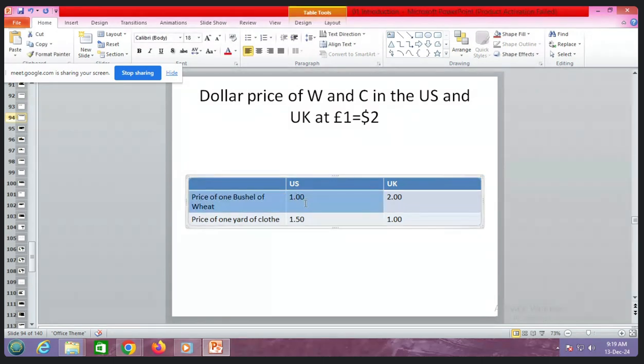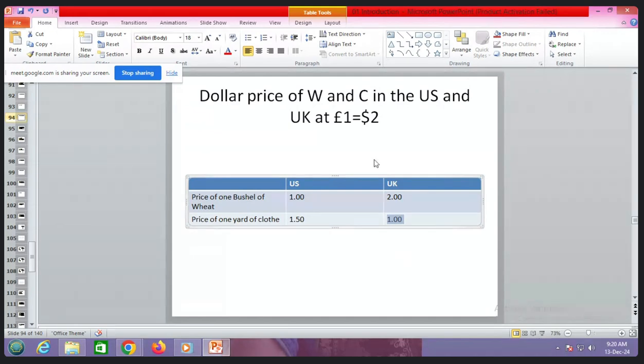So US has a comparative advantage in wheat and UK has a comparative advantage in cloth. So that is what we are trying to understand, that the disadvantage in terms of efficiency is covered up by low wages in the United Kingdom.